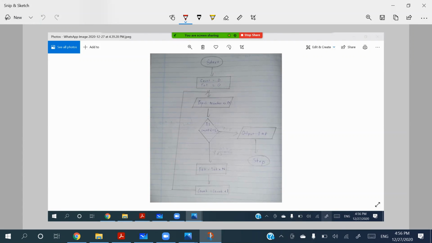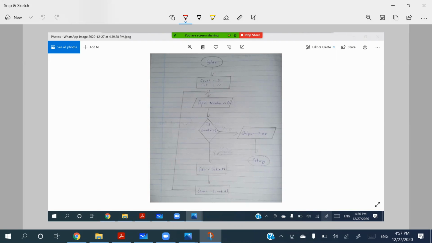Everyone, look at this, it's important. When you come to your paper you will see there is no flow chart for you to draw from scratch. Either you are given a flow chart to fill the blanks or you are given the pseudocode and asked to draw the flow chart, or vice versa.